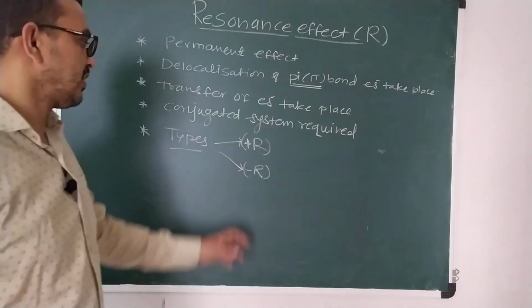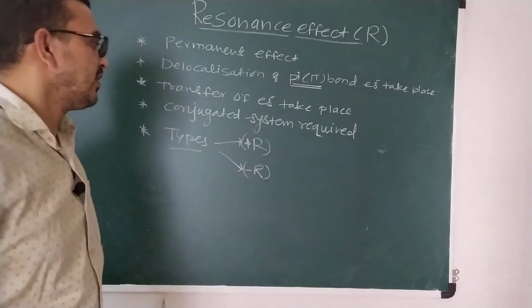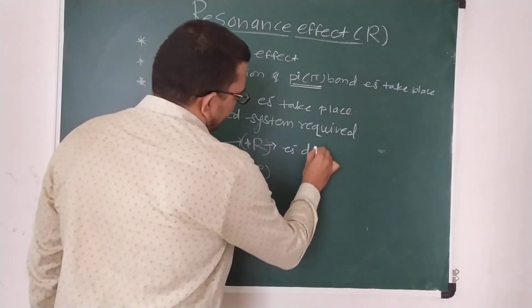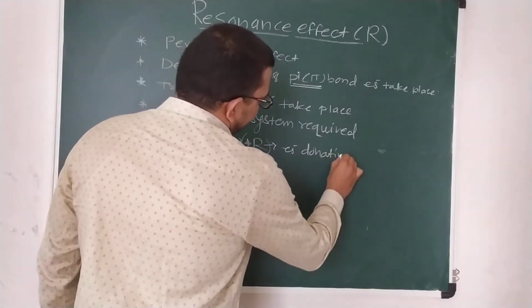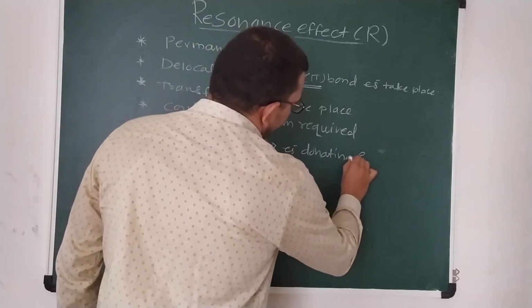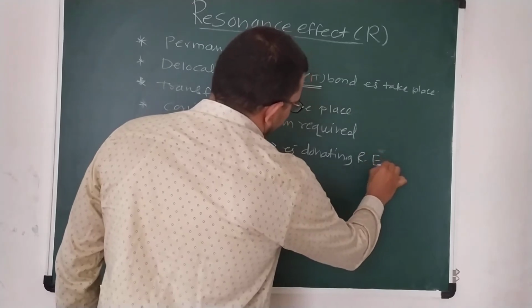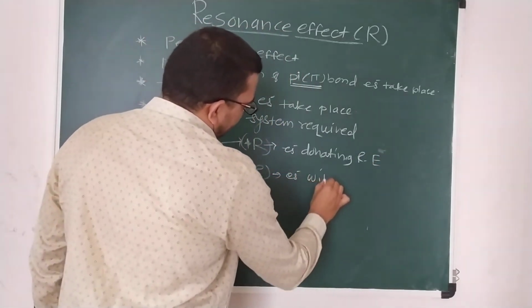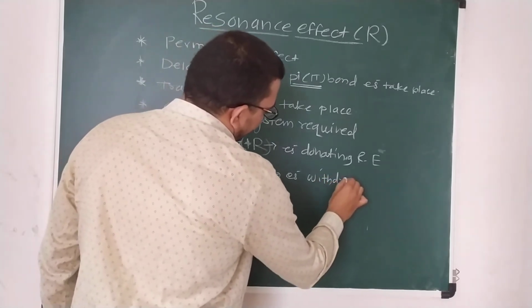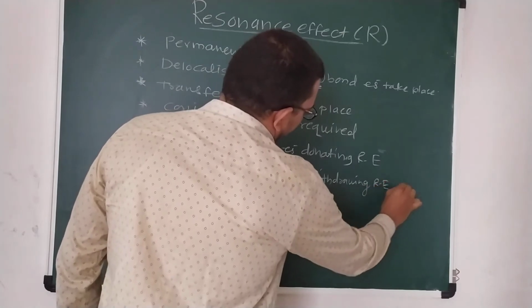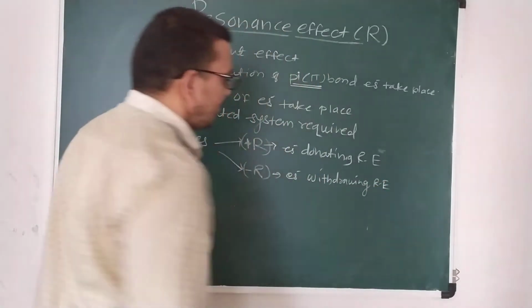Plus R means electron donating resonance effect, and minus R means electron withdrawing resonance effect. This is again very important, students.